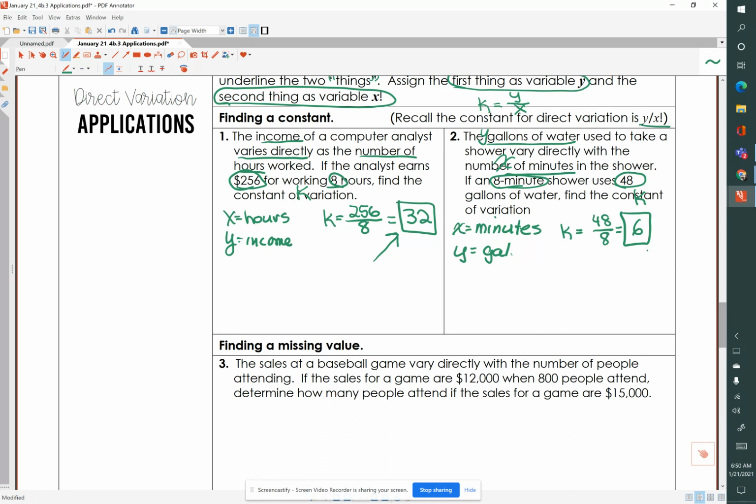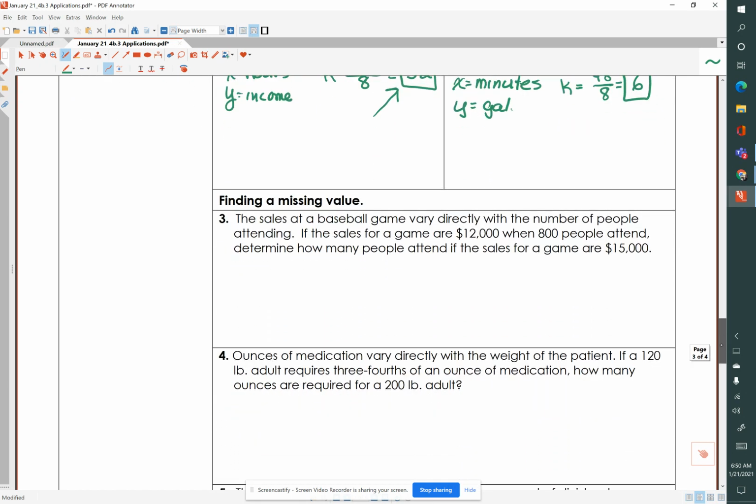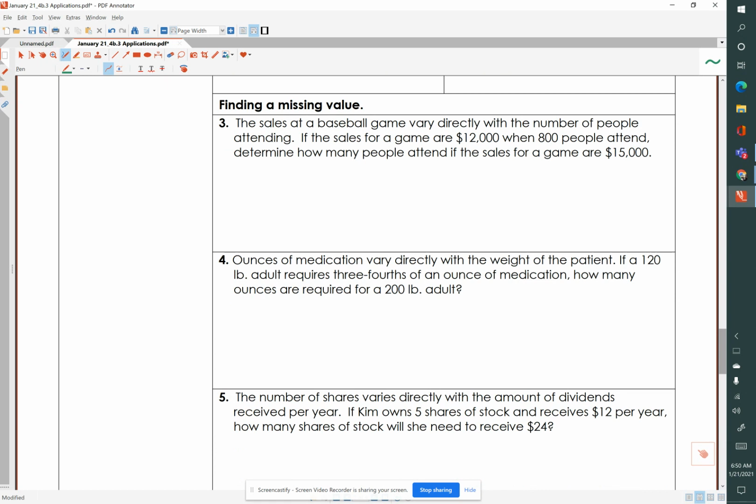So you can use this information to find out how many gallons of water a long shower would take, or how much money, going back to number 1, the analyst can make in 40 hours, a 40-hour week. So you can do those calculations once you know the constant of variation.